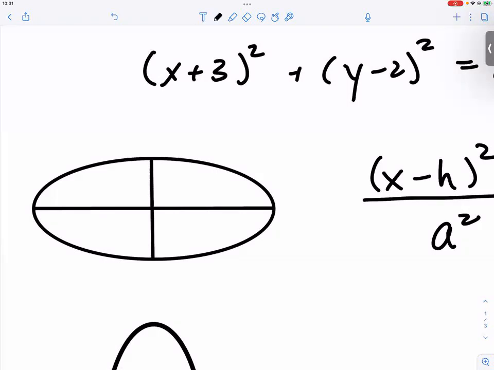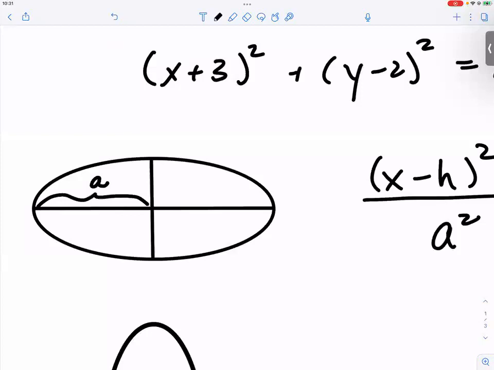Now, what I discovered is this: some students, when they try to think of the A, B, and C, they are making it too simple. They are not using a complete sentence to describe what A, B, and C are. So what is A? Well, A is the distance from the center to the endpoint of the major axis.